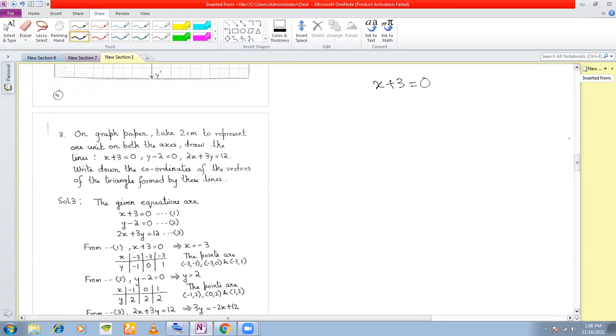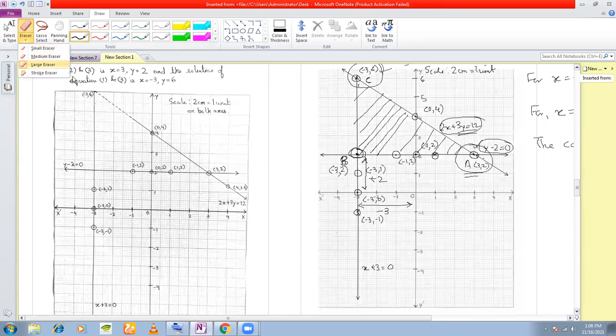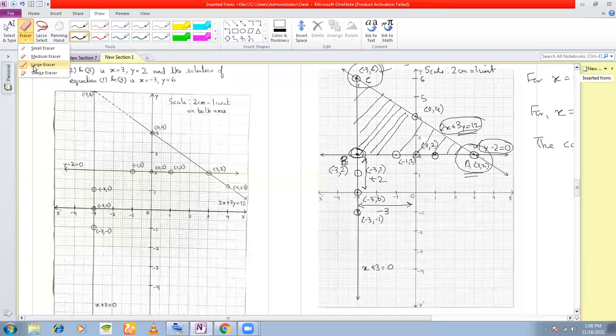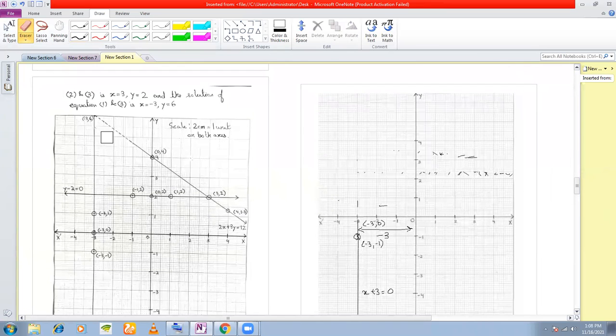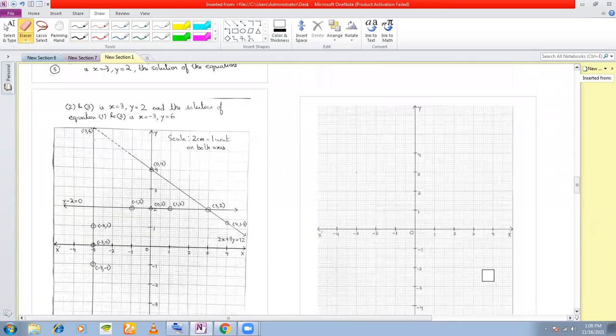Let me do it on a graph paper to be convenient. Suppose you have to draw the line x plus 3 is equal to 0 without plotting the points. This will give you x is equal to minus 3.